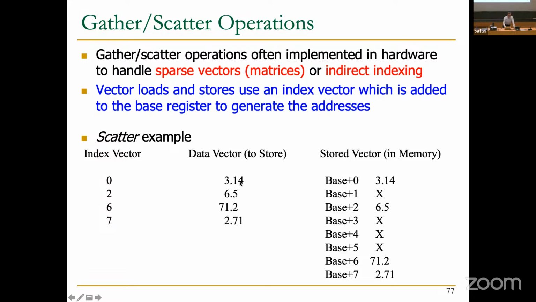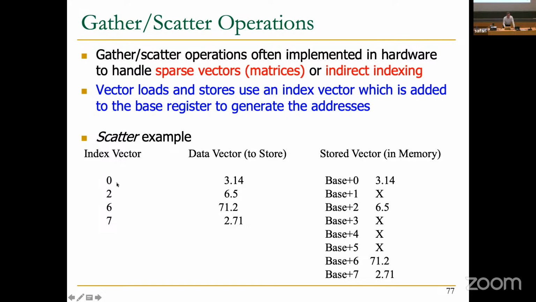This is a simple example with only 4 elements, but what this means is that the vector should be stored this way in memory. At base location, which needs to be specified somewhere, +0, we should store 3.14. At base +2, we should store 6.5. At base +6, we should store 71.2. At base +7, we should store 2.71. And the rest we don't touch.